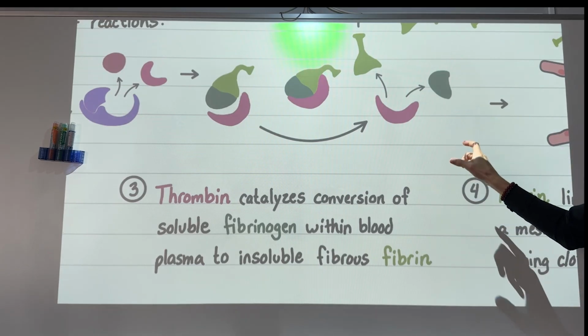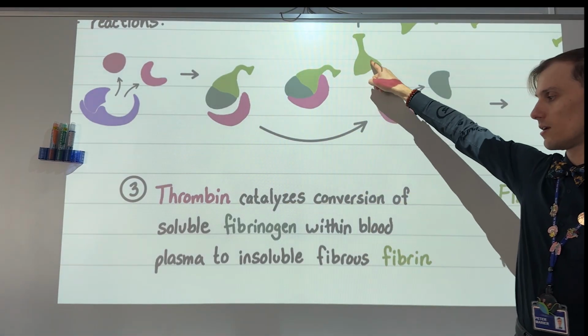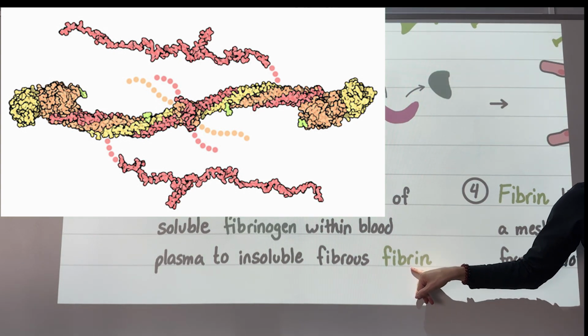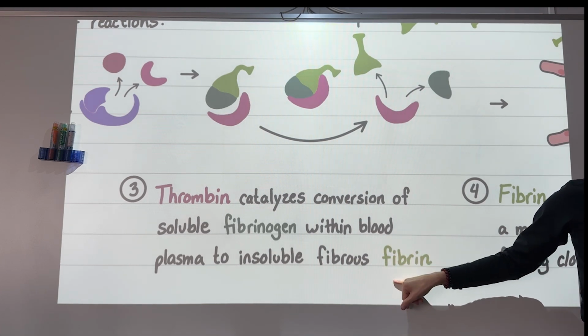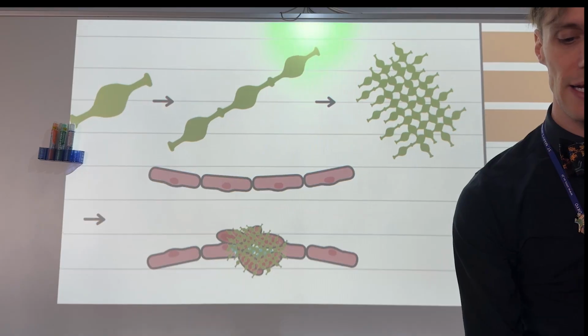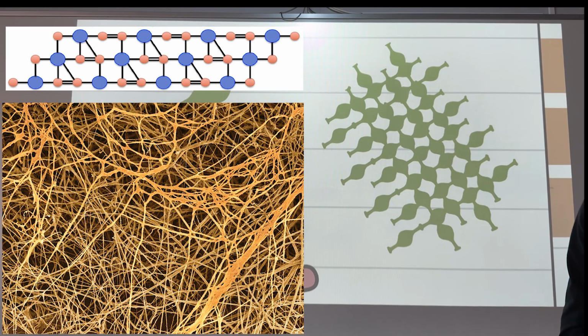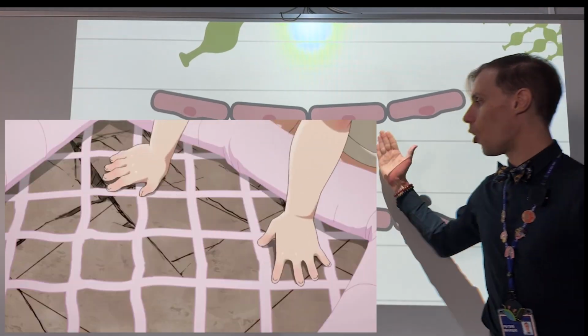In the presence of thrombin, it gets converted into fibrin. Now again, the word here should kind of already tell you what it's going to do. It is a fiber-like protein. All of these fibrin are going to now link together in a mesh, and they're now going to form an insoluble protein, which then will form over the wound.